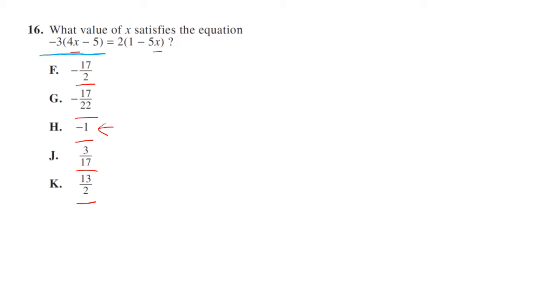So negative 3 times 4x minus 5 is going to be negative 12x plus 15. And that's going to equal 2 times 1 is 2 minus 10x.